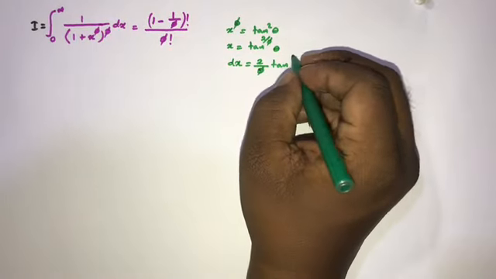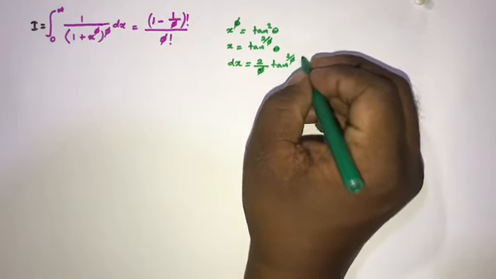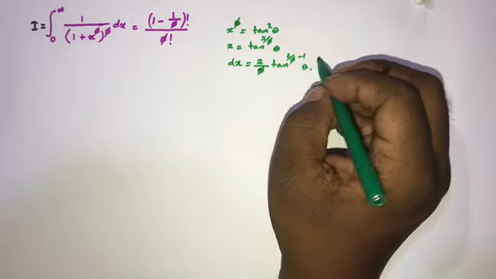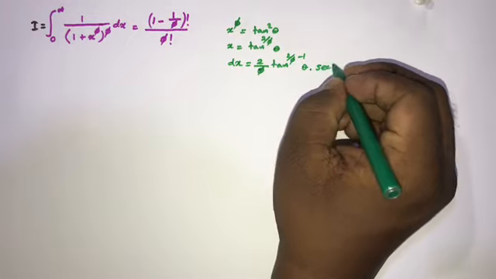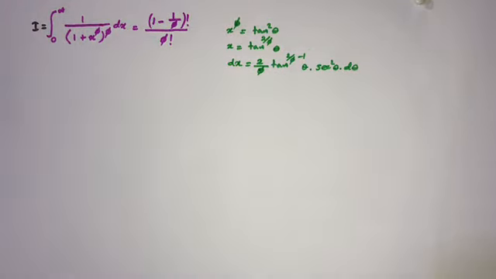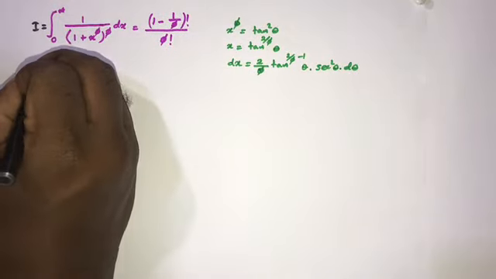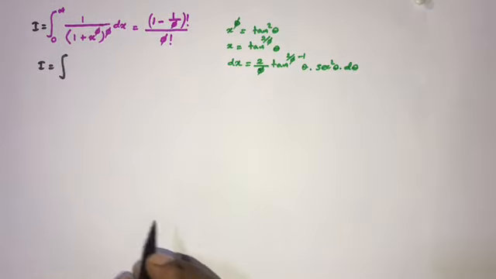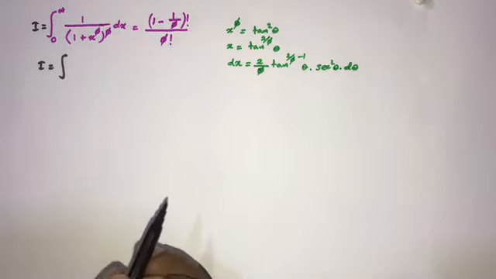tan raised to the 2 over 5 minus 1 of theta. Now according to the chain rule, the derivative of tan is secant square of theta d theta. Okay, now we can plug in here to our integral. So I is equal to, now we should change the lower limit and upper limit.